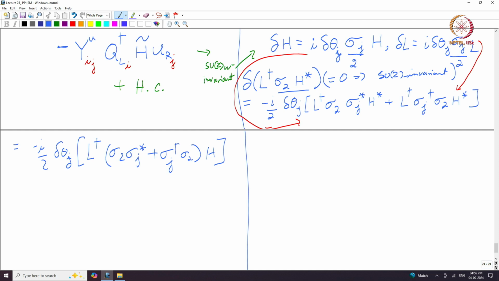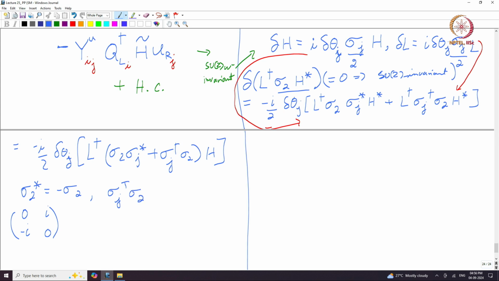In fact, we're going to make use of two things in mathematics. One is that sigma 2 star is nothing but minus sigma 2. Okay, you agree? Why? What is the Pauli matrix there? That's what it is, right? Maybe I'm switching the minus sign, but it doesn't matter. If I take the complex conjugate, then I get the minus of the Pauli matrix. So that is one fact. Another is that I'm going to make use of this identity.